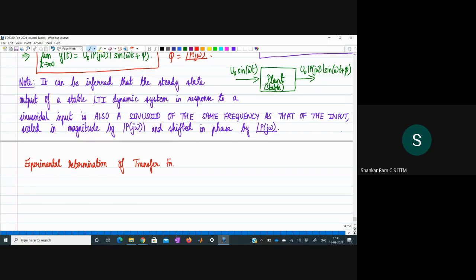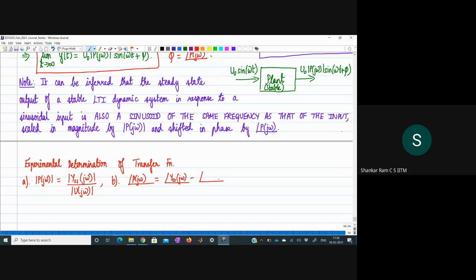Let us say I conduct a lot of experiments using various frequencies. What I can do is get the magnitude of P of j omega by dividing the magnitude of the steady state output by the magnitude of the input. This is one measure I can get from the experiment, and I can also get the phase of P of j omega by subtracting the phase of the input from the phase of the steady state output.